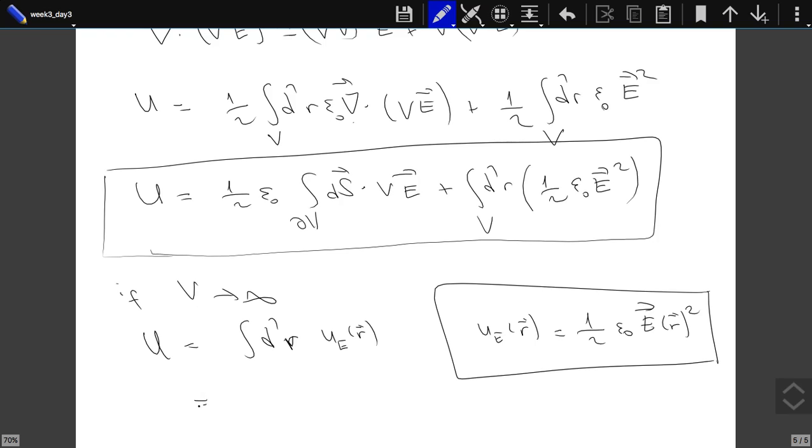And keep in mind that this is exactly equal to ∫d³r (1/2) ρ(r) V(r). These two expressions for the total energy stored in my system are exactly equal to each other. Of course, keep in mind that the volumes in these integrals are infinite.